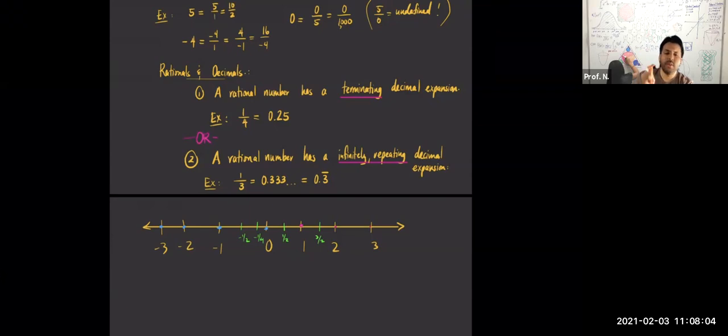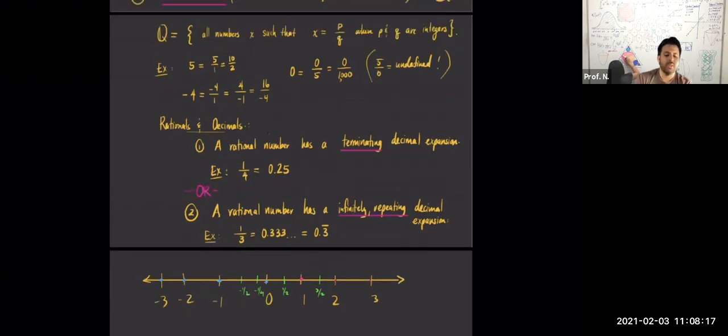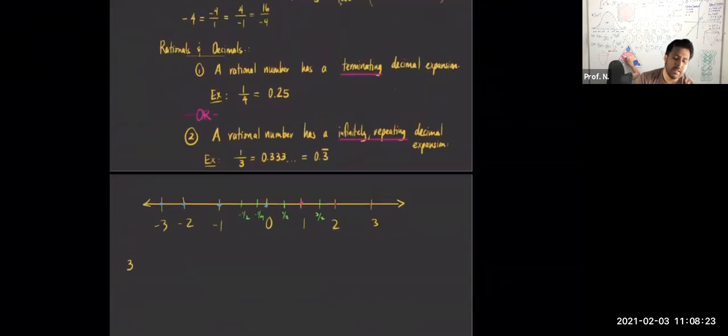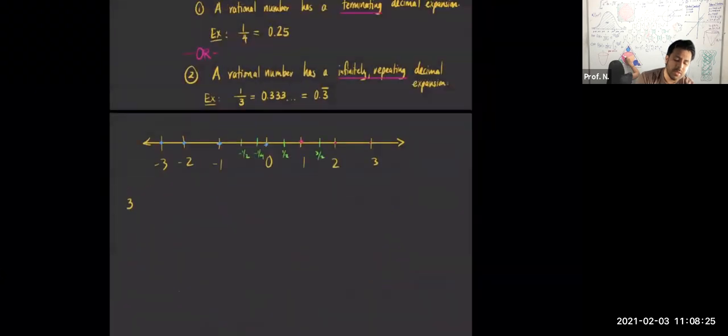But what are the other numbers that are real, but are not rationals? They are not integers. They are not whole numbers. So there are numbers here that we're missing. And that's right, Tyler. Those are the numbers that are irrational. I'm going to call this 3 star.